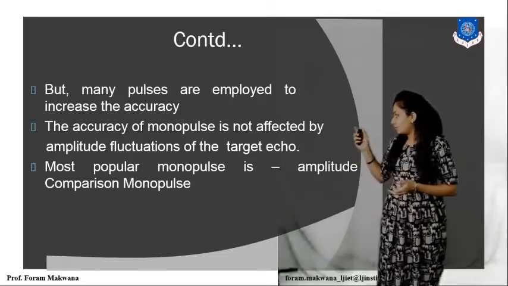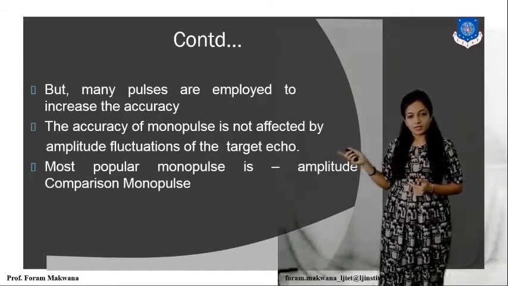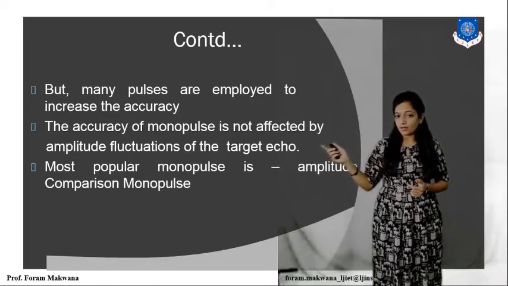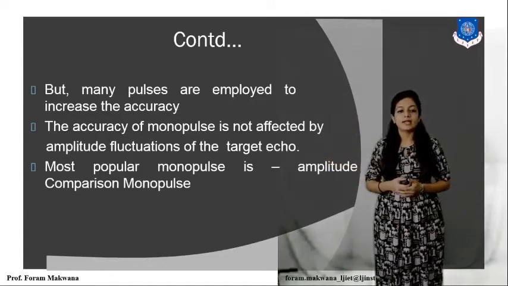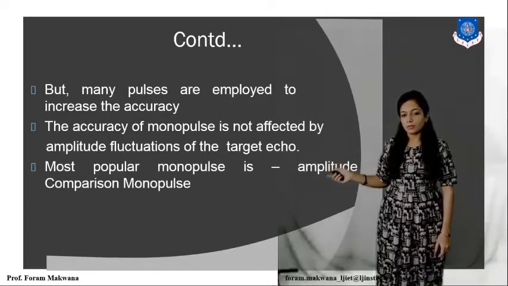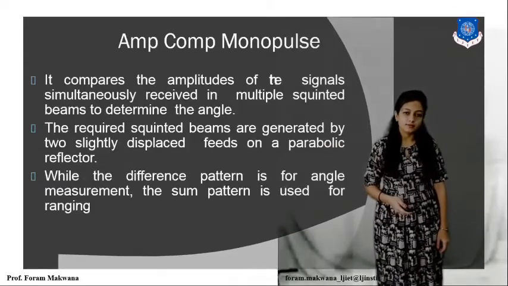So we transmit many pulses which are employed to increase the accuracy. You can see that the accuracy of monopulse is not affected by the amplitude fluctuation of the target echo, right? The most popular monopulse is the amplitude comparison monopulse, right?